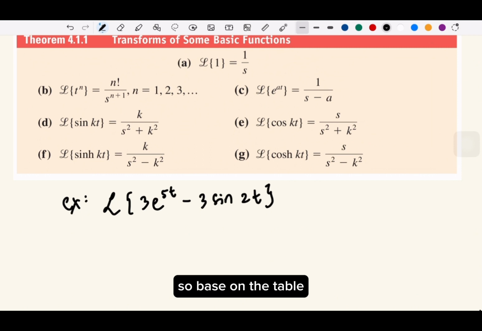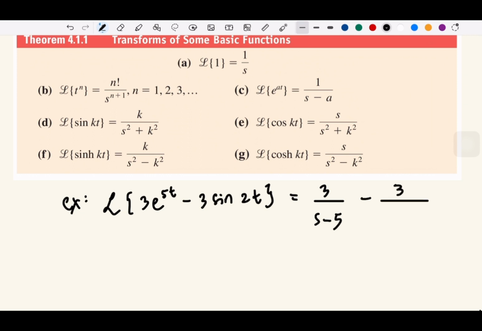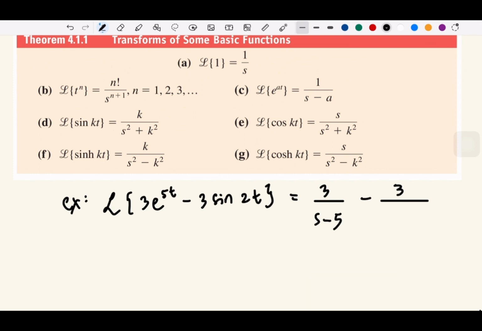Based on the table, we get that this will be 3 over s minus 5, and the other one will be negative 3 over, or this will be s, right? Sine is just beta over s squared plus 4, right?